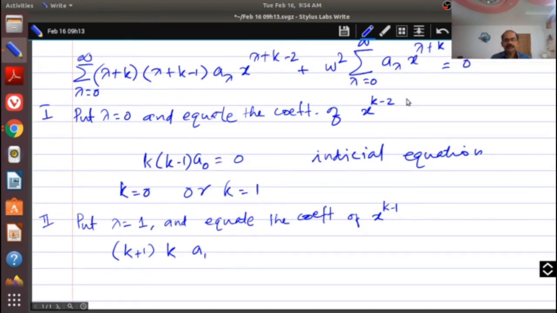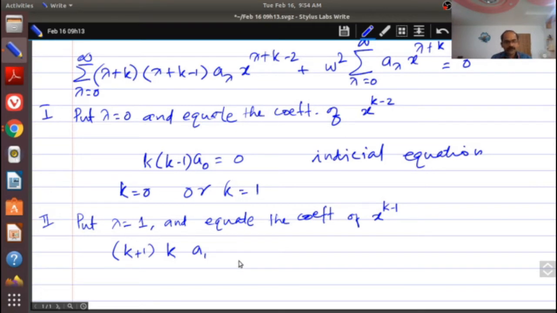And similarly here, omega square a lambda: the first term when you put lambda equal to 1 is a1 x raised to k plus 1. There is no k minus 1 term, no k term.